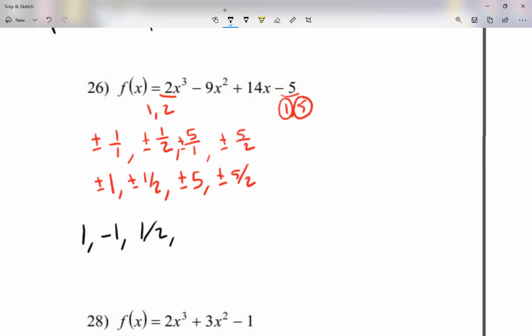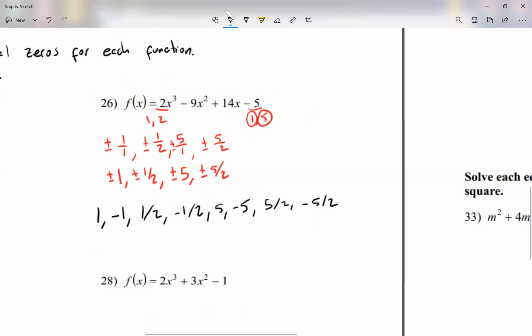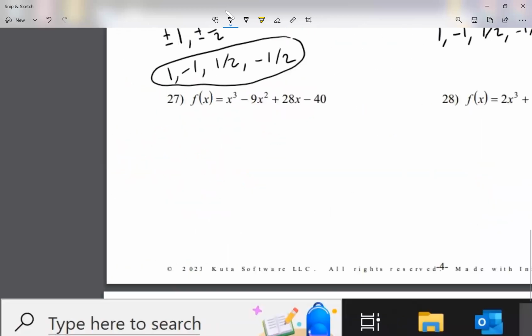I'm going to write 1, -1, positive 1/2, -1/2, positive 5, -5, positive 5 over 2, negative 5 over 2. Cool.